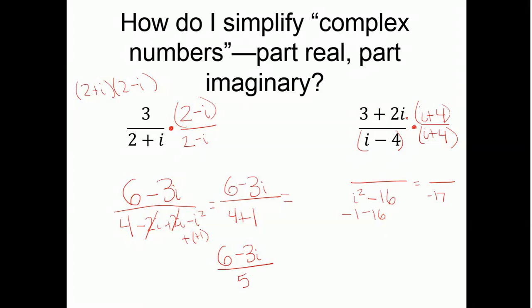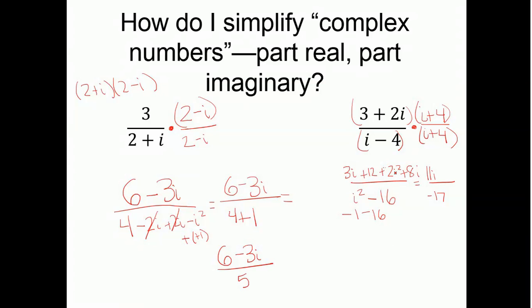Let's multiply the two numerators here. So I got 3 times i, which is 3i. 3 times 4, which is 12. 2i times i is 2i squared, and 2i times 4 is 8i. Let's combine our like terms. So I got 8i and 3i, so I know I have 11i.